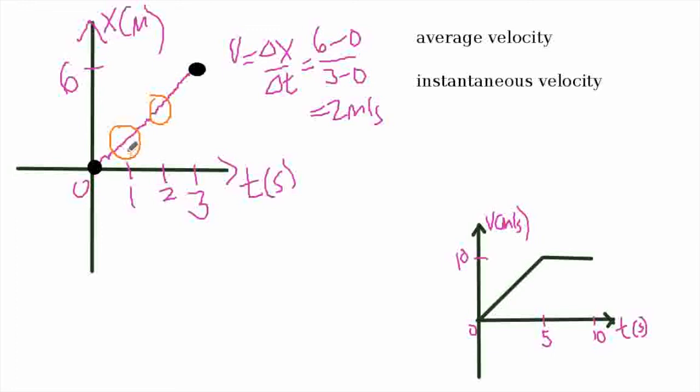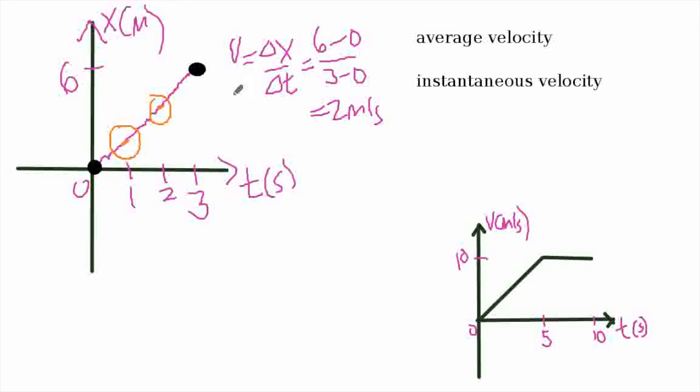With the smallest little piece of the purple graph, you would try to get a little straight piece and find the slope of that piece centered around t equals 1. And likewise for t equals 2, you could approximate the slope for some little piece. That would be your approximation for the instantaneous velocity.